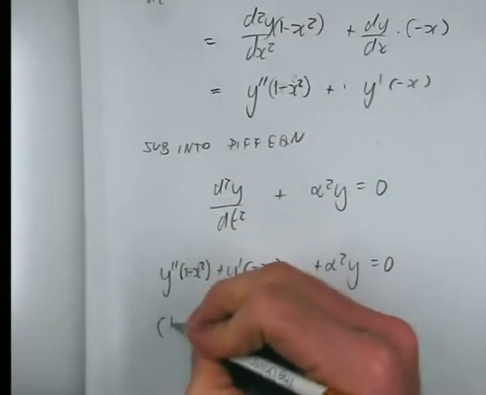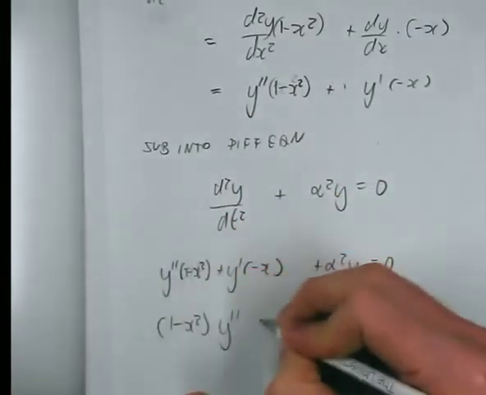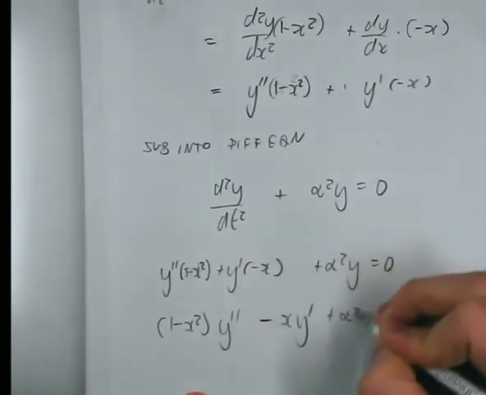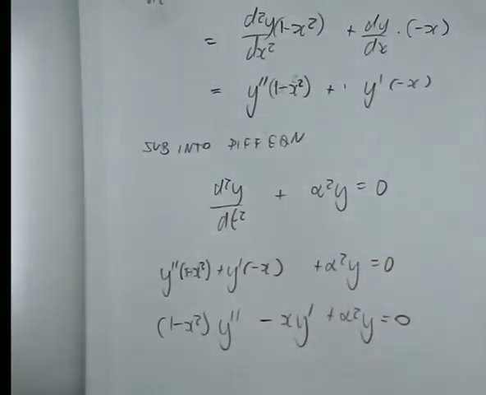And so I've got (1 minus x squared) y double dashed minus x y dashed plus alpha squared y is 0, which is what I was aiming for. Awesome. Which is way simpler than what they did, as far as I can tell.